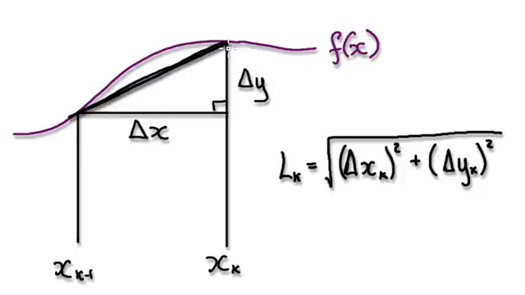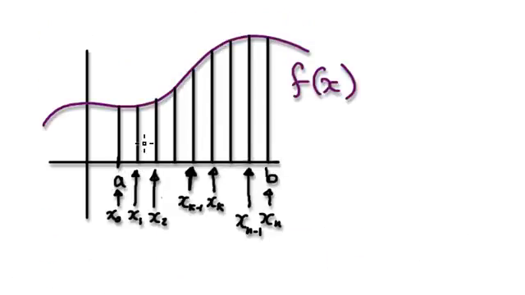So if you want to know this length here, we're going to call it Lk, because there are lots of strips. The straight line that joins this bit to this bit here, we're going to call Lk. The length that joins this to this, we're going to call L1.